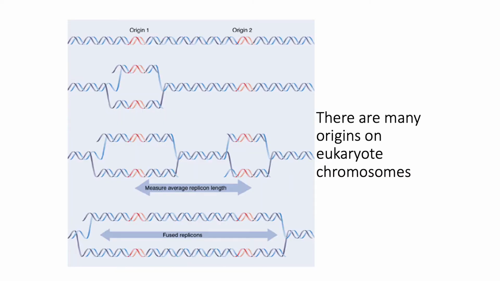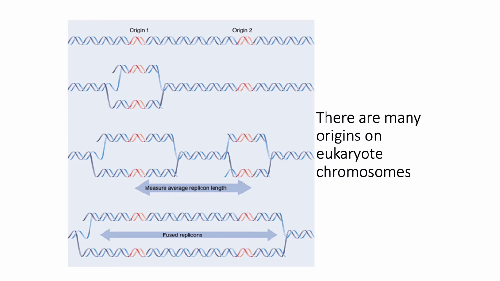Now, as I mentioned earlier, in eukaryotes there are multiple origins of replication, and this diagram shows that. When you have multiple origins on a chromosome, they can be at various distances apart.